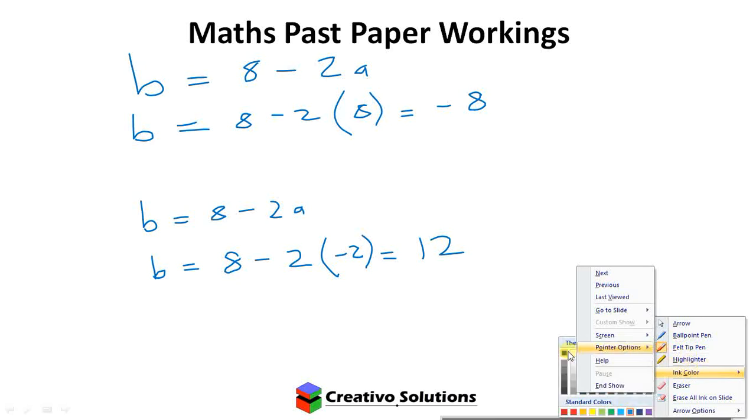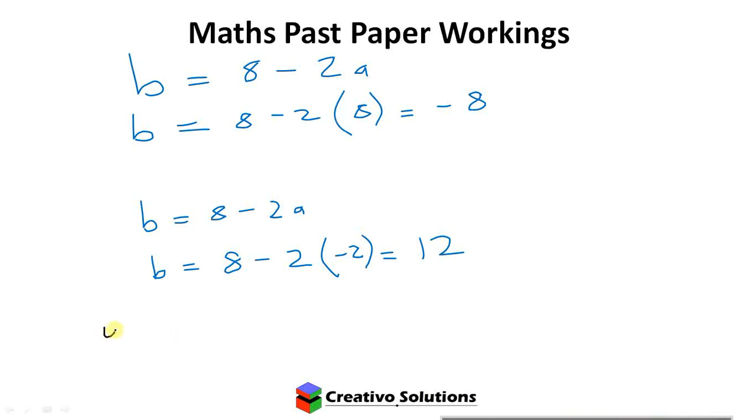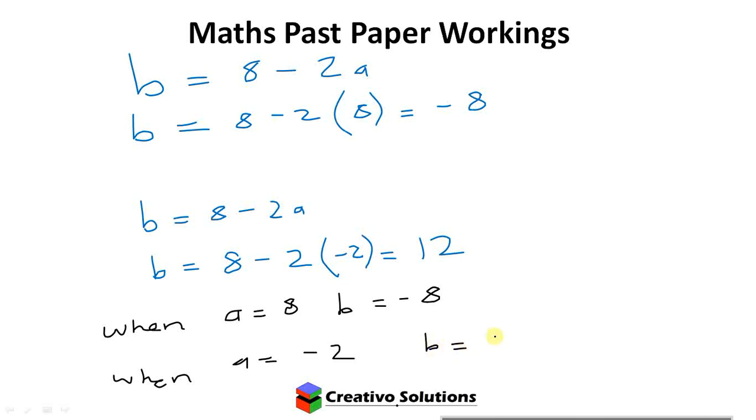Final answer. When A equals 8, B equals minus 8. When A equals minus 2, B equals 12.